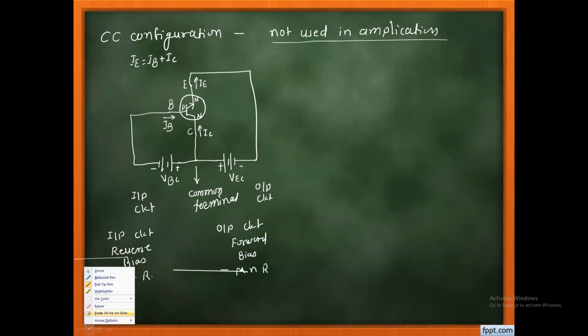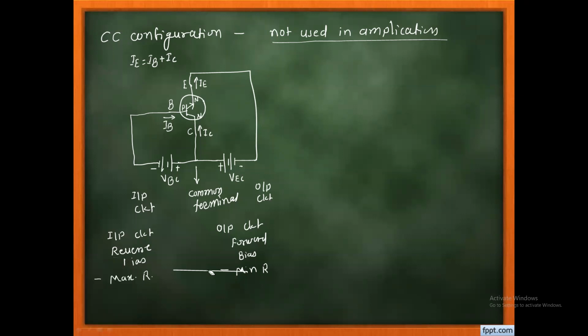It means that the input resistance of a common collector configuration is high and the output resistance is minimum. So that's why it is not used in amplification.